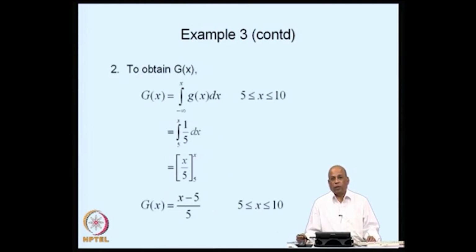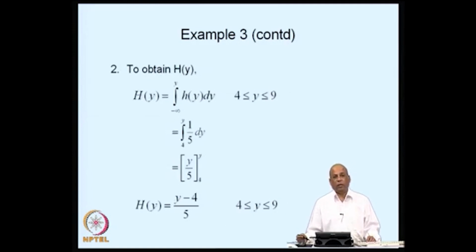Then we obtain capital G(x), which is the CDF of X, from the PDF. We obtain this as (x minus 5) by 5 in the region x lying between 5 and 10, and then we obtain H(y) as (y minus 4) by 5 for the region y lying between 4 and 9.